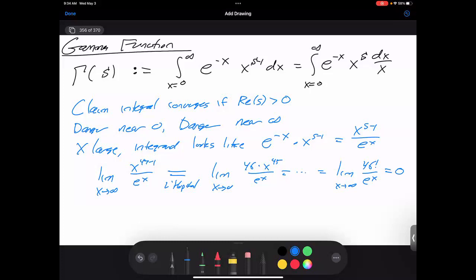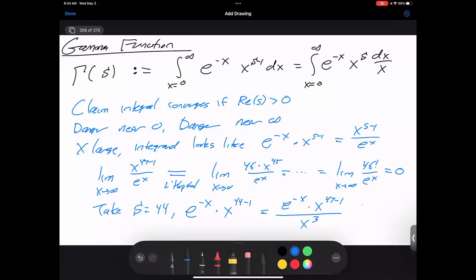So if I take the integral, say, s equals 44, e to the negative x times x to the 44 minus 1. If I want to compare that, this would be e to the negative x, x to the 47 minus 1 divided by x cubed, right?